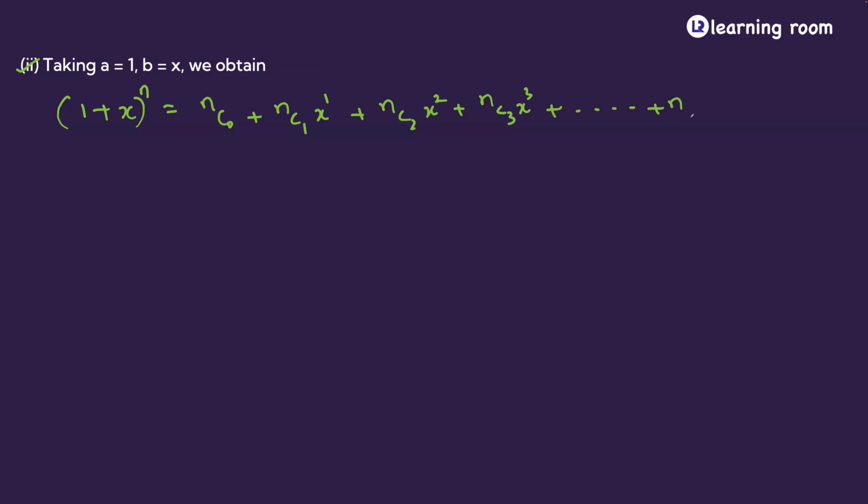What is going to be the last term? It will be nCn x^n. So this is the case for (1 plus x) raised to the power n. So you can write it along with me. You need not wait for me to complete and then copy.